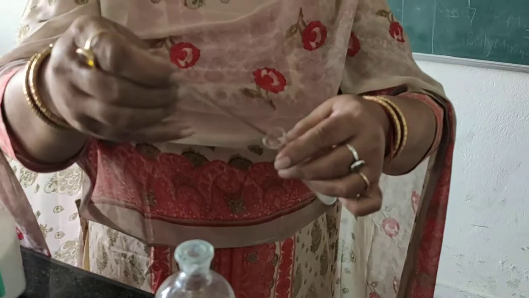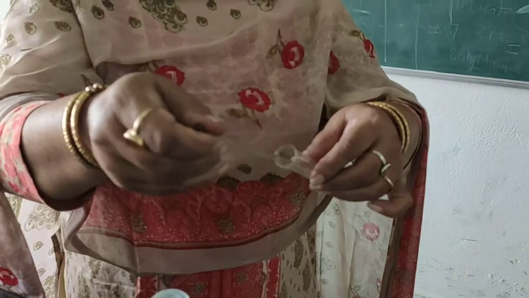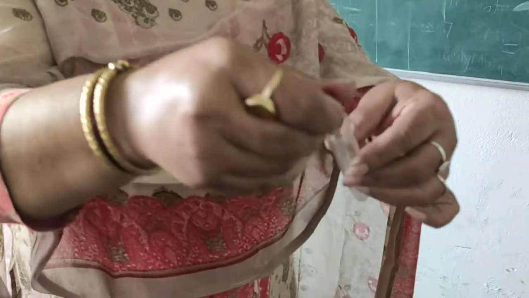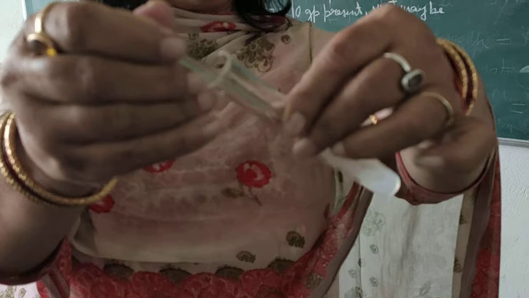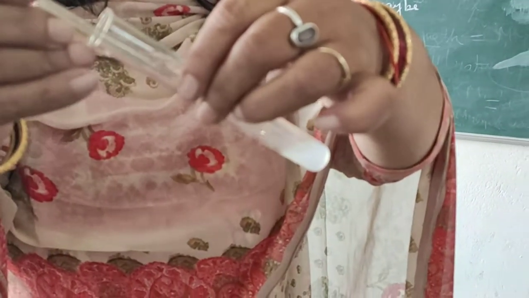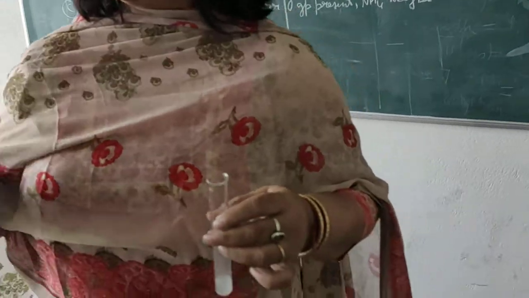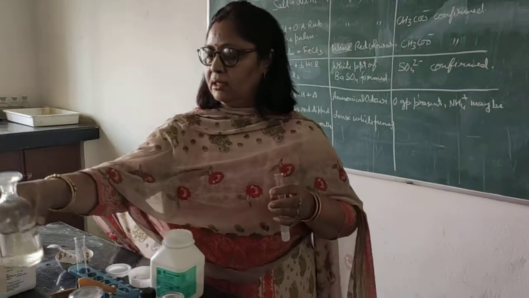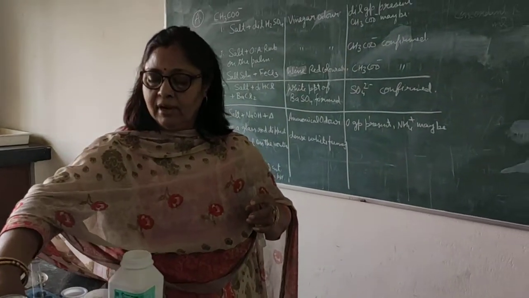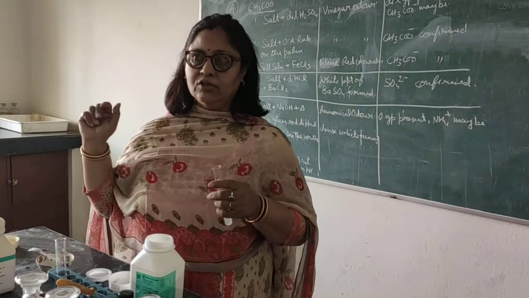When ammonia combines with concentrated HCl, it forms NH4Cl. So the formation of NH4Cl shows dense white fumes in this test tube, right? So this is the confirmatory test for ammonia: ammonium salt, NH4 positive, ammonium cation, right? Now one more confirmatory test is also here.